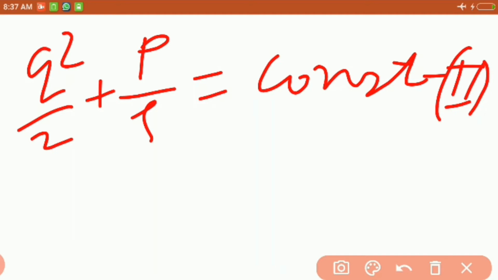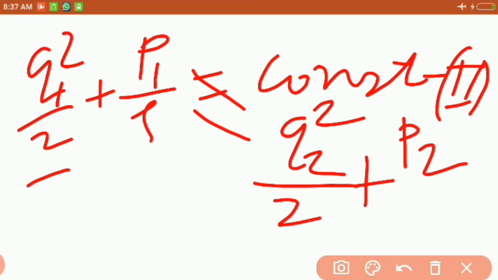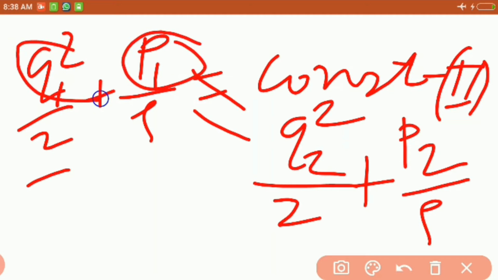1 by 2 Q square as it is, plus P is equal to P1, so this is P1 upon rho is equal to Q1 square by 2 plus P1 by rho is equal to Q2 square by 2 plus P2 by rho, because at point B, P is equal to P2 and Q is equal to Q2, and at point A, P is equal to P1 and Q is equal to Q1.